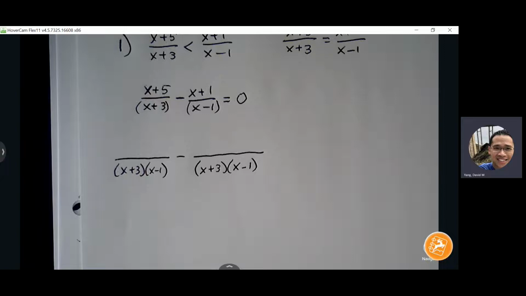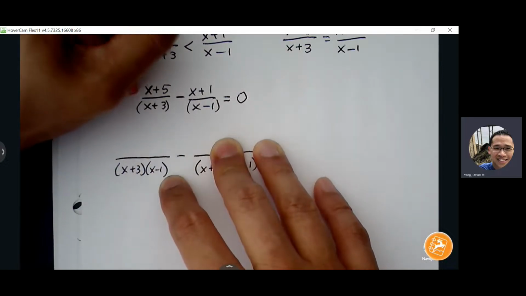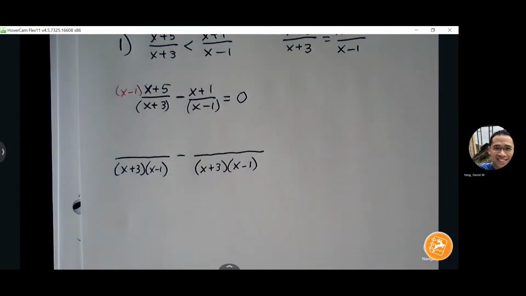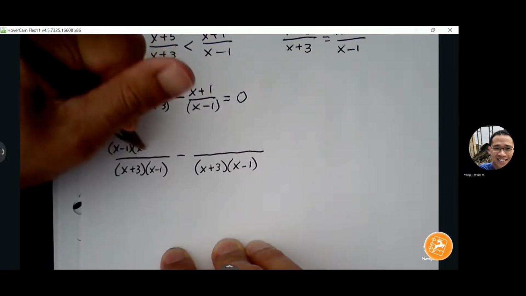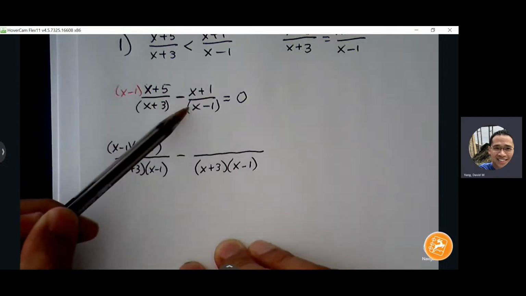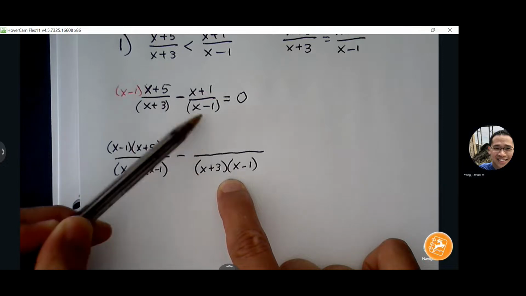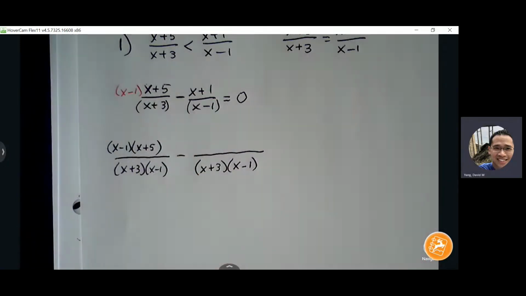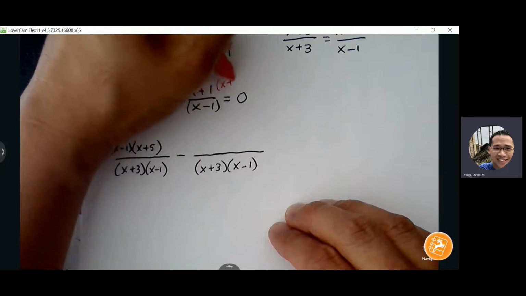So whatever I do to the denominator, I need to also balance out with the numerator. So I need to multiply the numerator then by x - 1. Okay, let's observe the second old denominator. What's changed between here and here? x + 3. So I need to balance the second numerator with an x + 3.